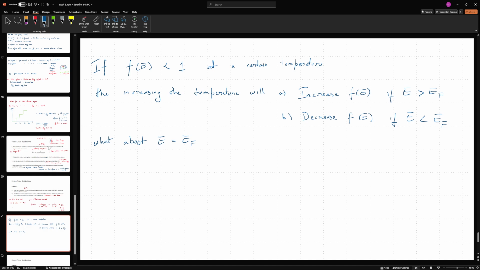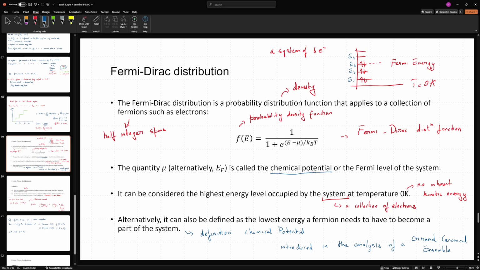At E equal to EF, go back here, mu is essentially equivalent to EF. E minus EF will be 0. So this quantity will become 1. It will directly become 1, and changing the temperature will have no effect on it.